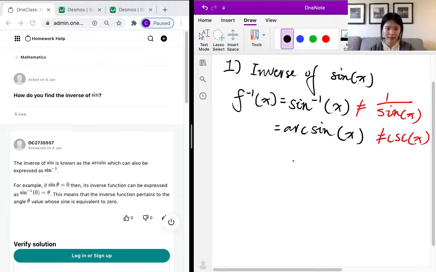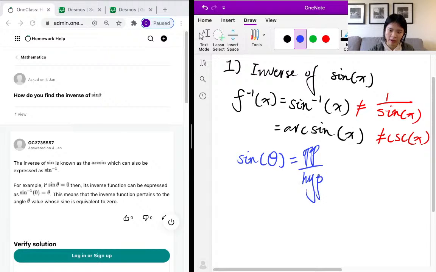So in order to find the inverse of sine function, we need to know something about the sine function. Its geometric meaning is that it takes an angle and gives the opposite side over the hypotenuse of a triangle. For example, for a right angle triangle, we have angle theta over here, and this is the adjacent side of the angle theta.